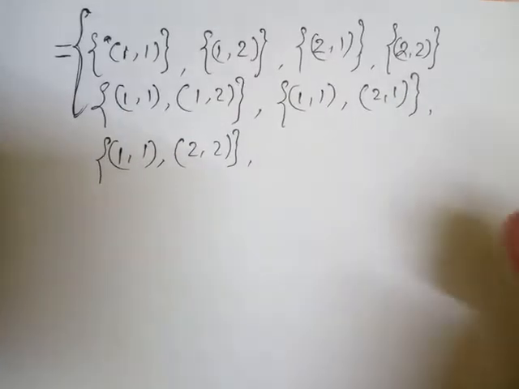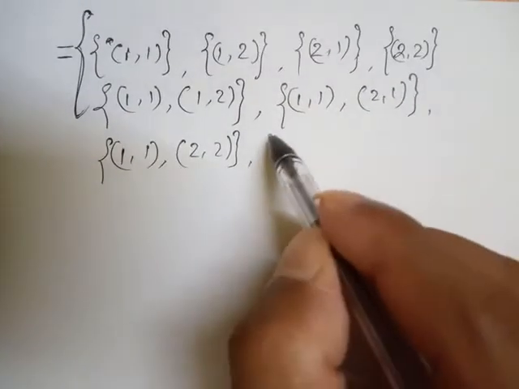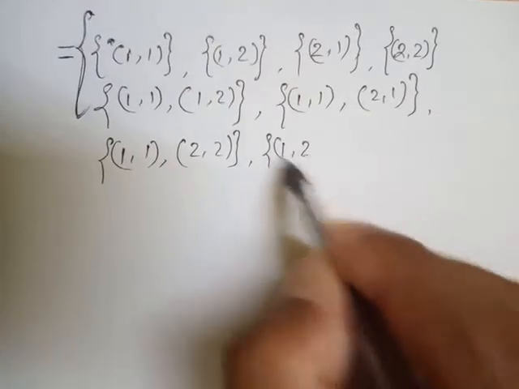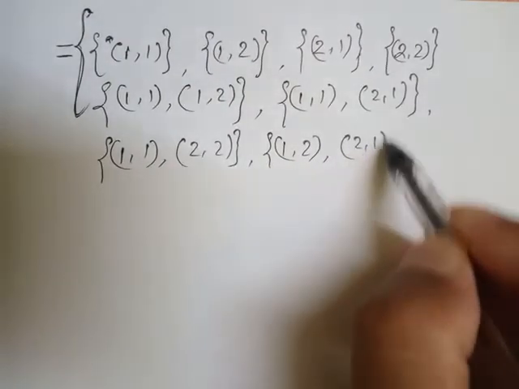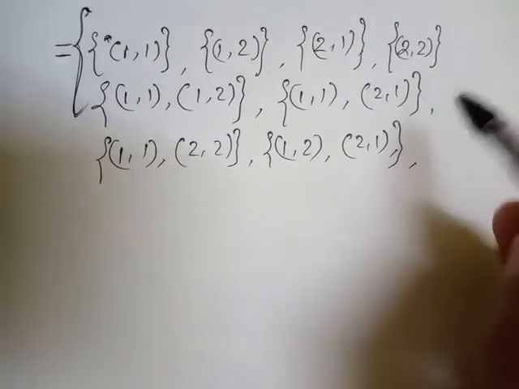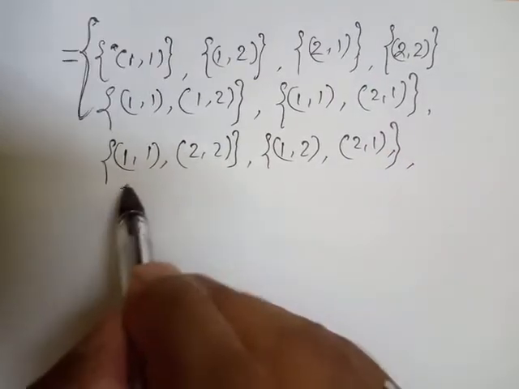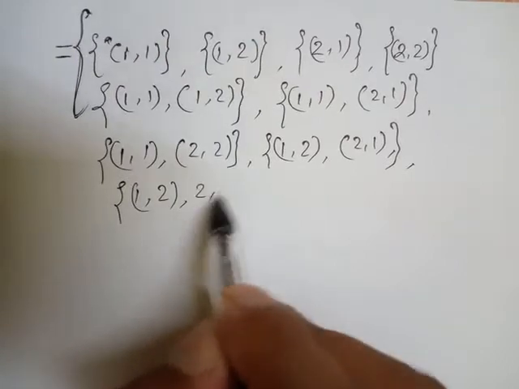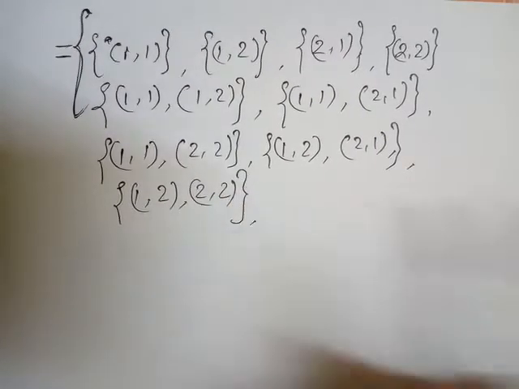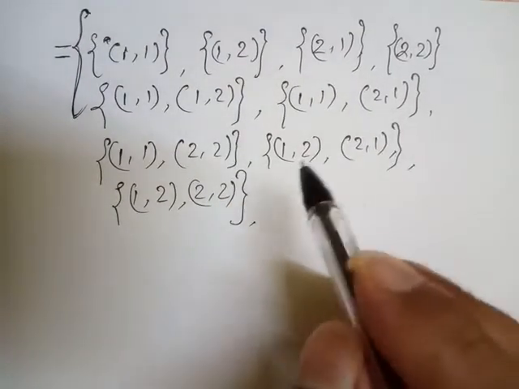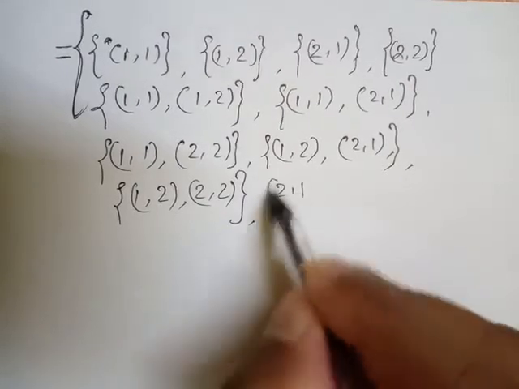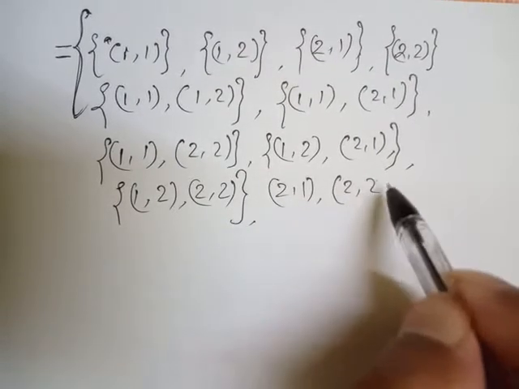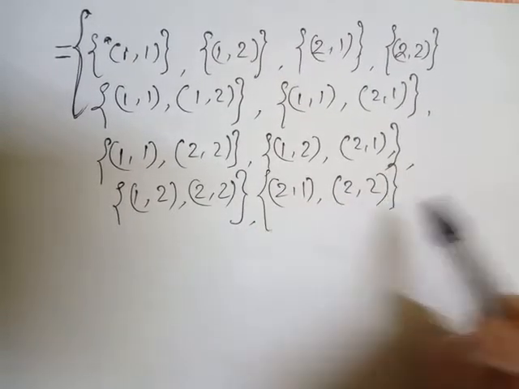Okay, now in the next step, next one students (1, 2), then (2, 1), then next one would be (1, 2), then (2, 2). Okay, now next one would be (2, 1), then (2, 2). Okay, up to this much.